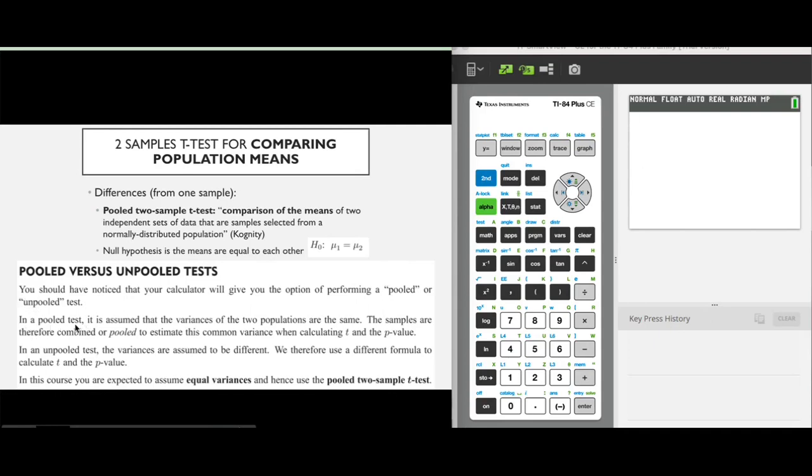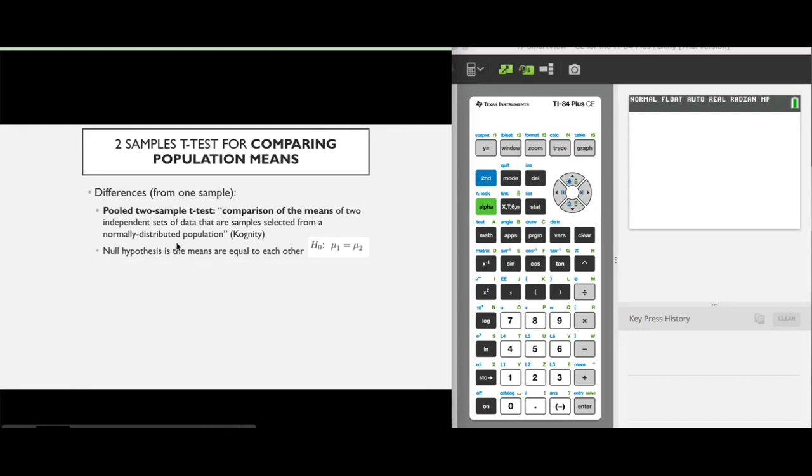So in a pooled test, it's assumed that the variances of the two populations are the same, and the samples are therefore combined, or pooled, to estimate the combined variance together. However, the other way is an unpooled t-test. So this is when the variances are assumed to be different. In the IB, in the SL course, every single t-test we're going to be doing will be pooled. So you'll see there's going to be a special button we need to change on our calculators.